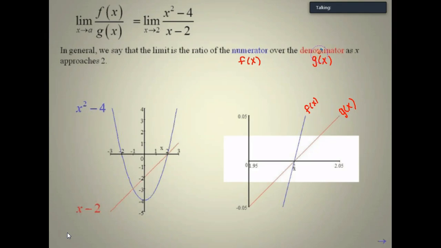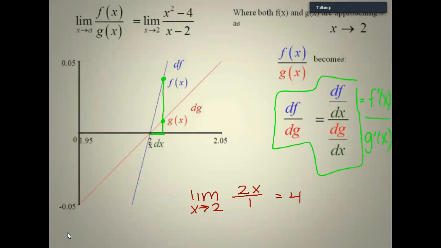So L'Hopital says that if that comparison gives me 0 over 0, instead of having to factor and cancel, I can take derivatives. He said, instead of factoring and canceling, let's compare the slopes at those 2 points. Let's compare what happens if you look at the slope of those 2 points at that identical time.